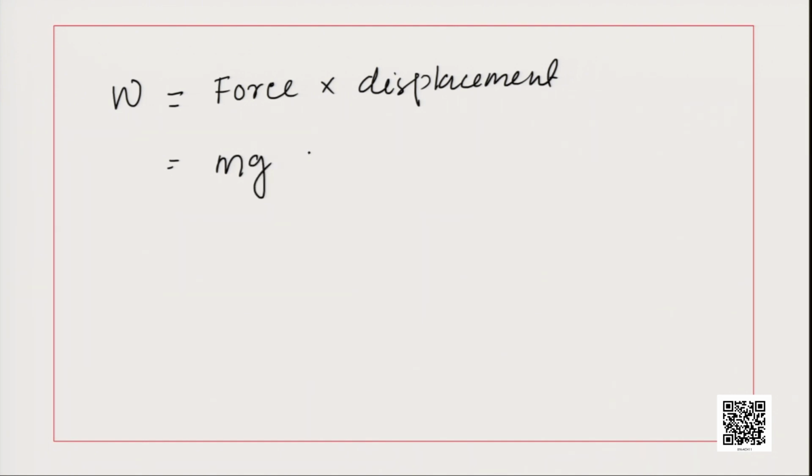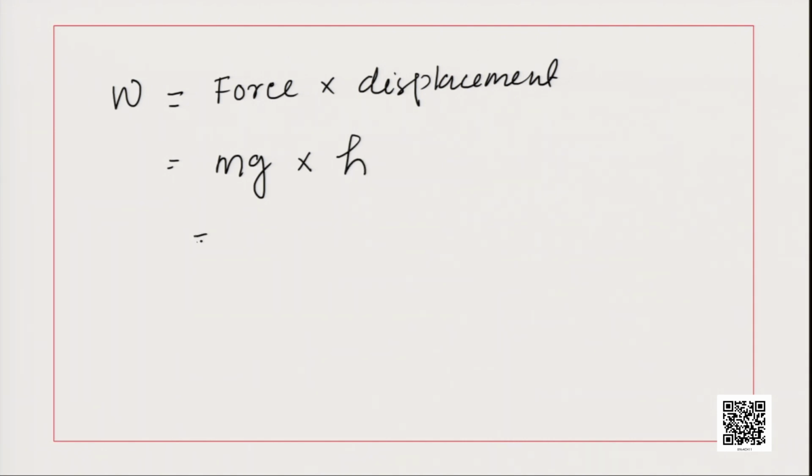Let us indicate work by W, which is equal to force multiplied by displacement. The force is the force required to lift that object from the ground to the height h. That is nothing but mg, and the displacement is nothing but the height h itself, from the table or from the ground to that particular height. So, we will denote it by h.